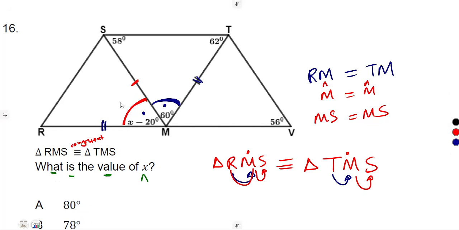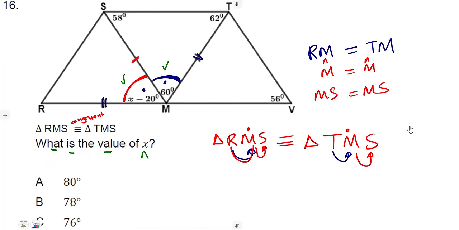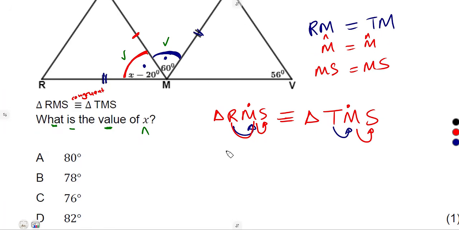From these two different triangles, these two angles are equal. So form an equation from the property of our congruent triangles. X minus 20 degrees must be exactly the same as 60 degrees.